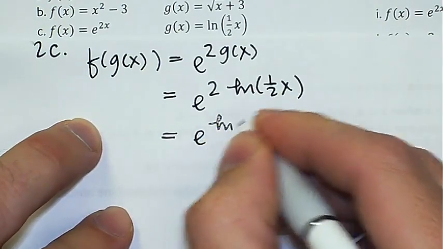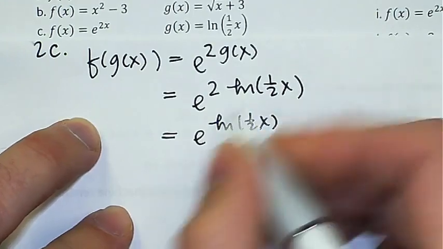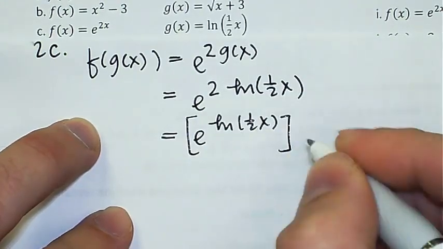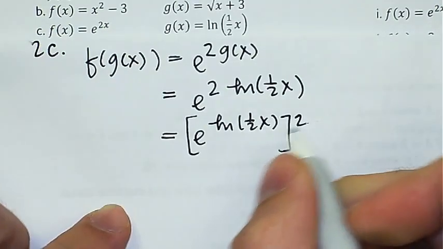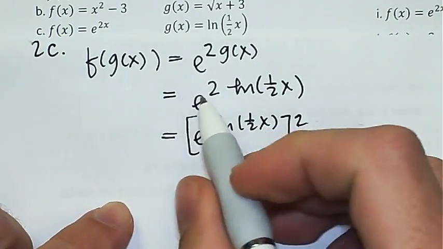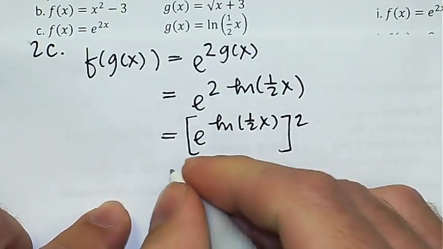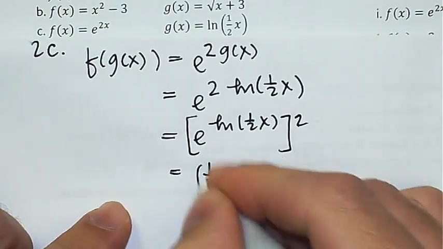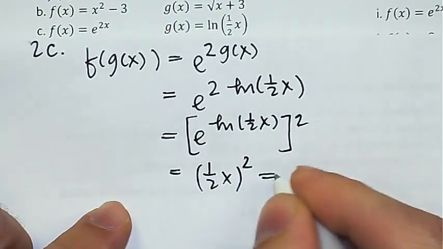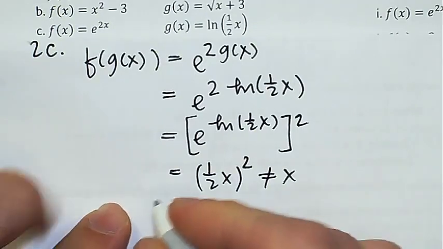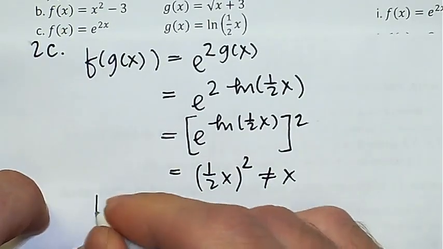But I'm going to say that this is e to the natural log of 1/2 x, and that's what we know how to do, take e to a natural log power. But then taking it to the second power, we would multiply these exponents. So this is 1/2 x squared, and that's not equal to x. So I'm going to say they're not inverses.